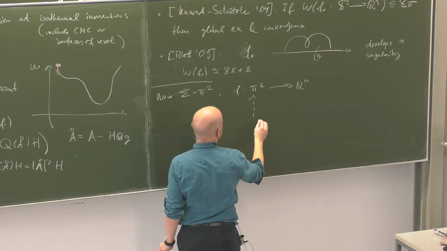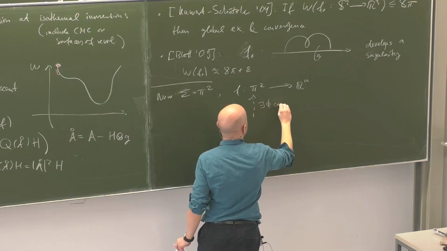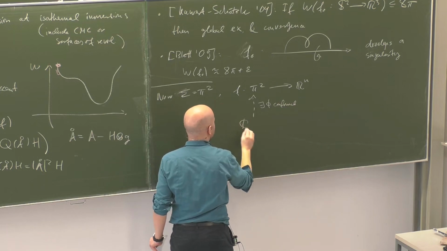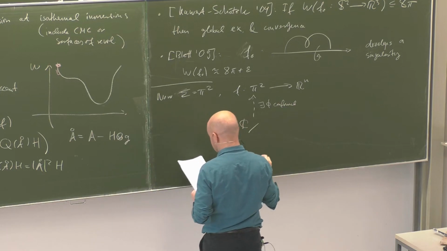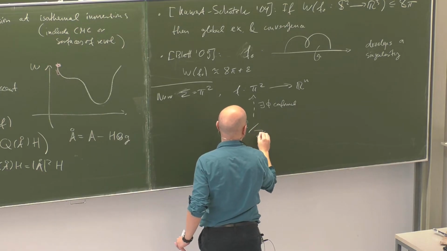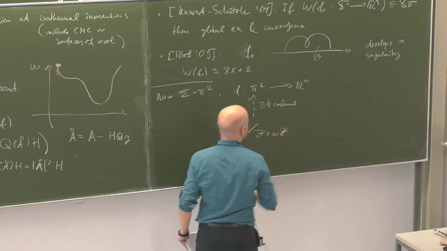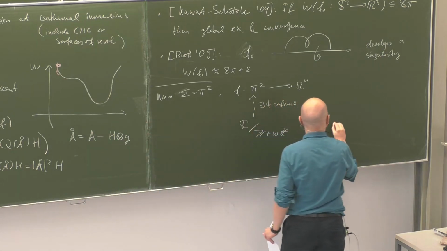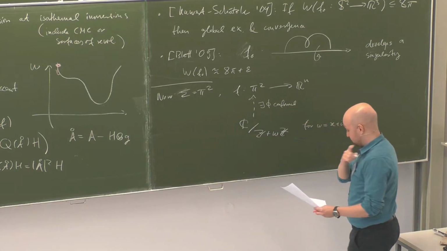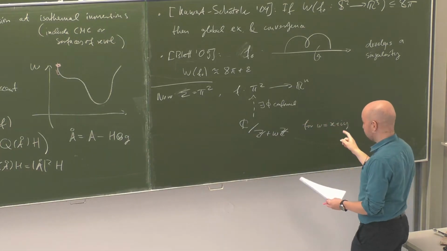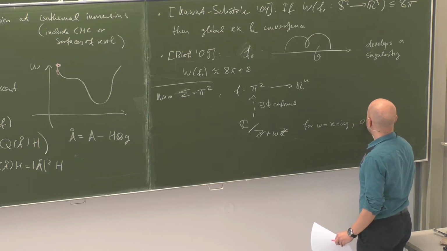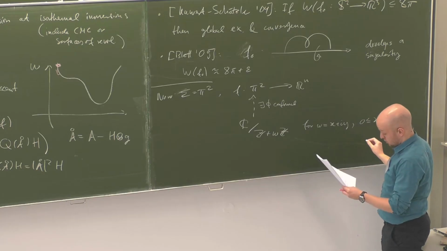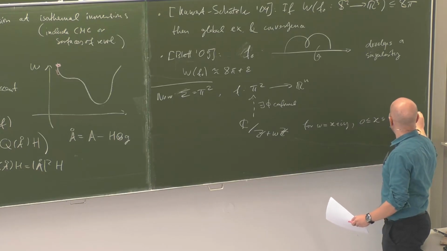Then we find a conformal diffeomorphism from the complex plane modulo Z plus omega Z, for some complex number omega, where we can take the real part between 0 and 1/2 and the absolute value bigger than 1.